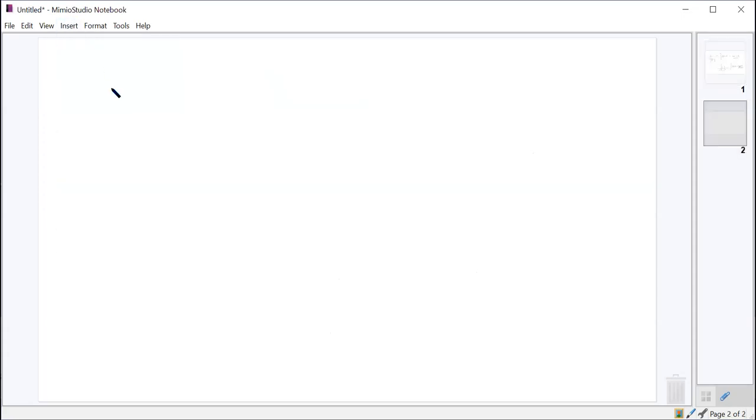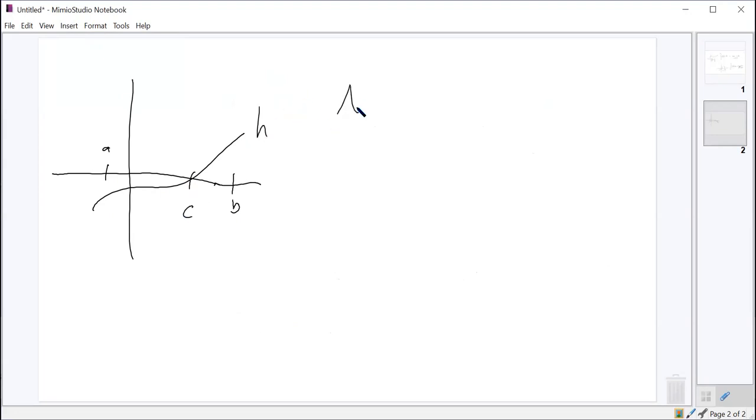If the function happens to cross through the x-axis from a to b, we'll call this point c where it intersects. In order to find the area, we need to remember that it's the integral from a to c of h of x, and since that one's below, we take the opposite of that one.